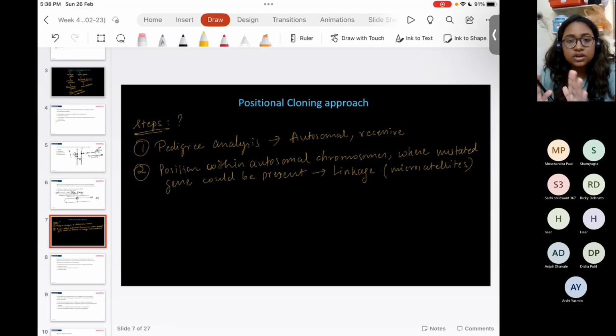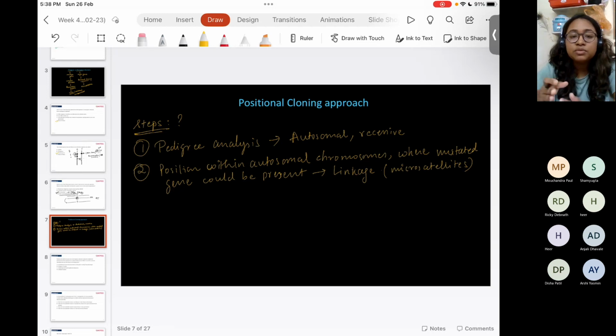Okay, so till now, you can do this. Now, as I said, you have to do this for all chromosomes. So you will be studying hundreds of microsatellite markers, and you have to remove the options where you get results because of chance and not because of pure linkage. So for each microsatellite marker, you have to calculate what is called the LOD ratio, for which a statistical formula is there.